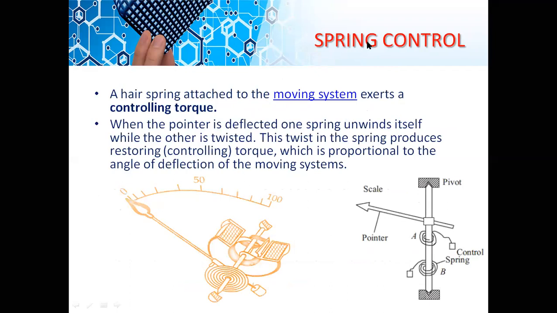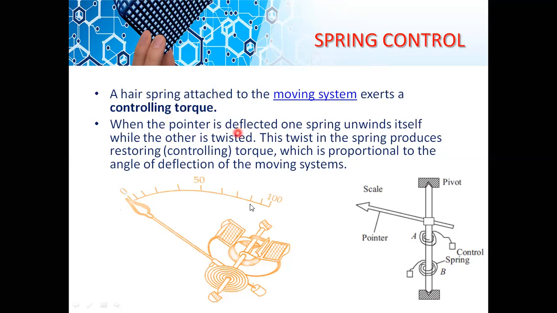In this type of measuring instruments, we are going to have a hairspring. The hairspring is very thin, it occupies very less space, so it is attached to the moving system. Hairspring is attached to the moving system, so it exerts controlling torque.